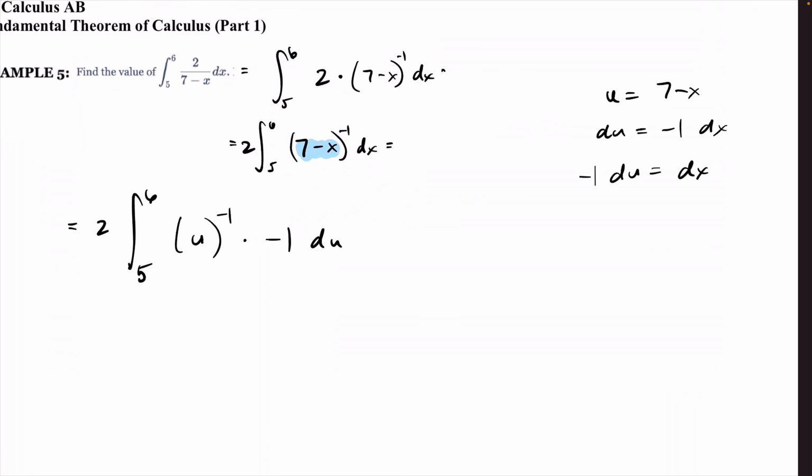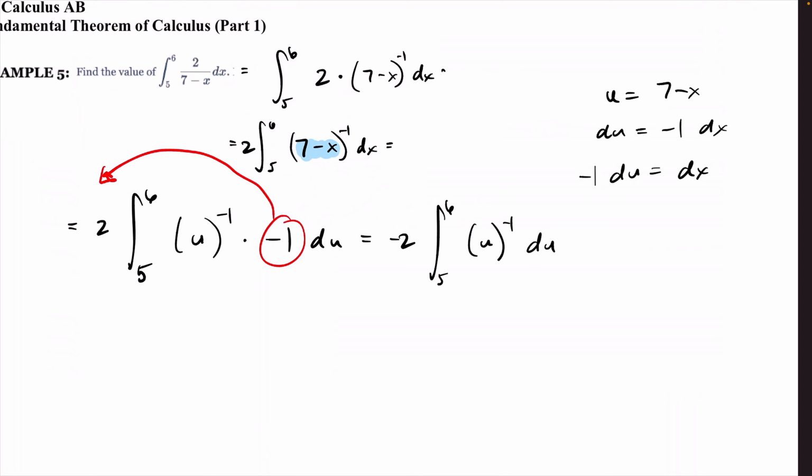The -1, I would move to the front and multiply times 2 before you do the antiderivative. So you don't have to worry about it, it's not affecting anything. Antiderivative.